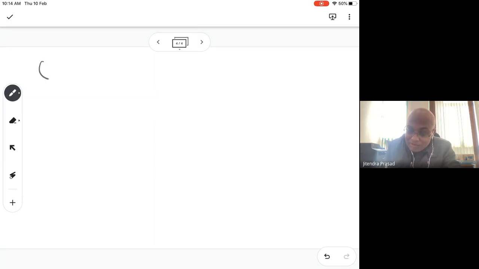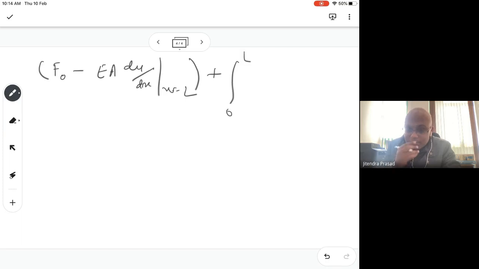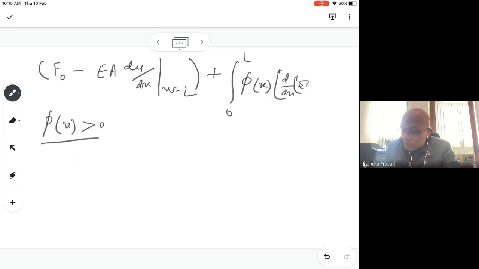So we have F, for example, F naught minus EA du over dx at x equal to L, plus integral 0 to L, phi x greater than 0 is given, and then you have the whole thing here, d over dx EA du over dx plus b, square dx equal to 0. Fine.